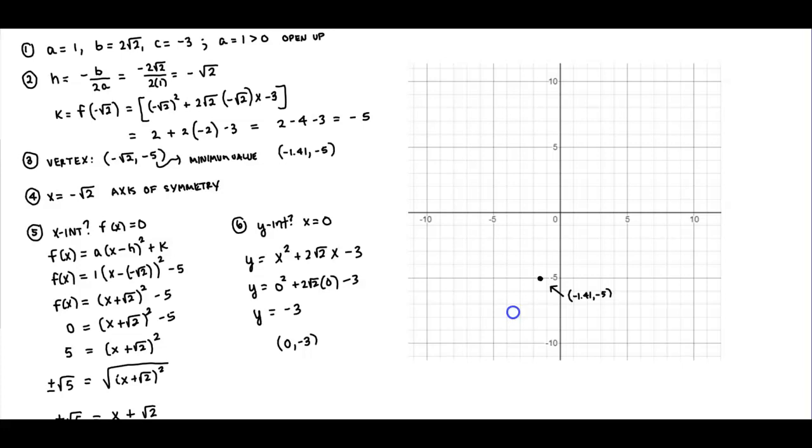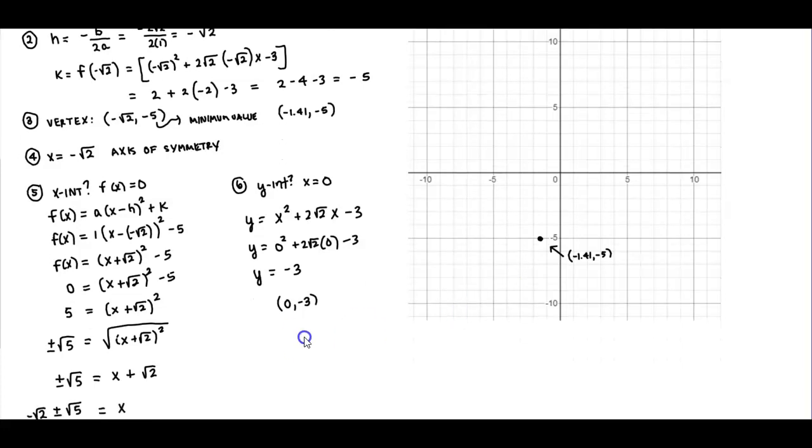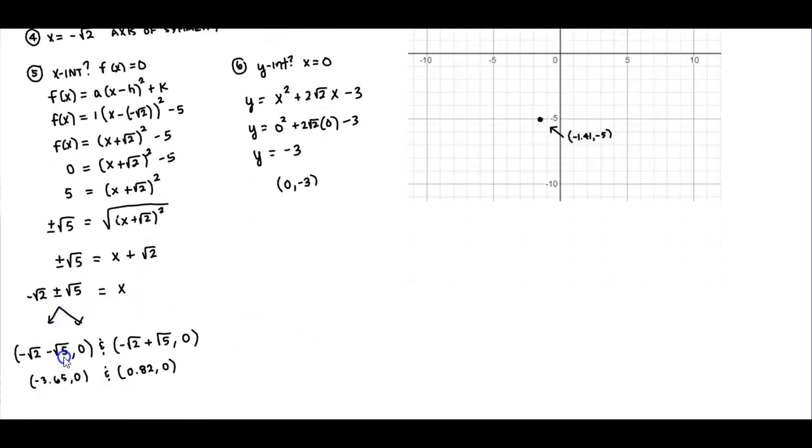So this is negative 1.41 and then negative 5. Okay, and then we also have our x-intercepts, which are located at negative 3.65 and 0. So if we go to negative 3.65, somewhere located right here, this represents negative 3.65 and then 0.